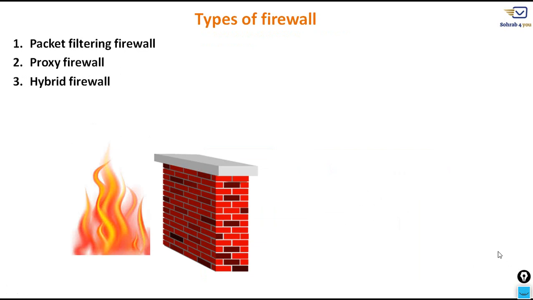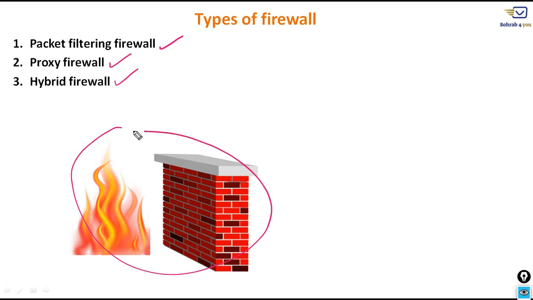Now, guys, types of firewall. There are a lot of types of firewall, but mainly there are three types. We have packet filtering firewall, we have proxy firewall, and we have hybrid firewall. And now you can see, guys, this symbol mostly represents the firewall.